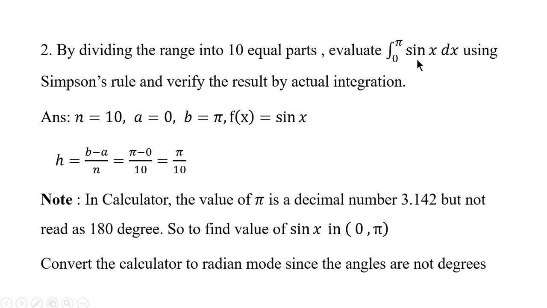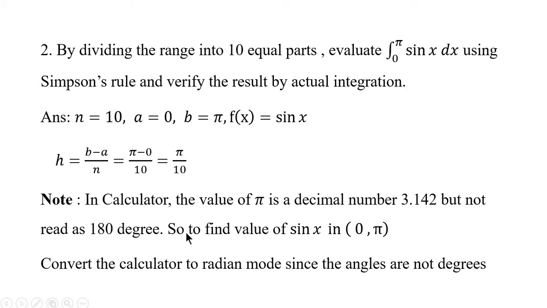Since we are solving a trigonometric problem numerically, we must make sure to put the calculator in radian mode. The value of pi in our calculator is read as a decimal number, 3.142, instead of 180 degrees.